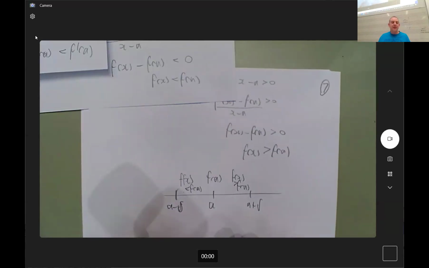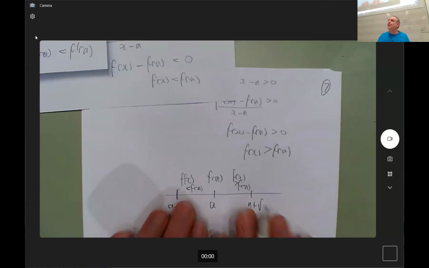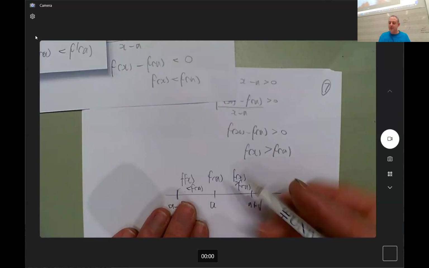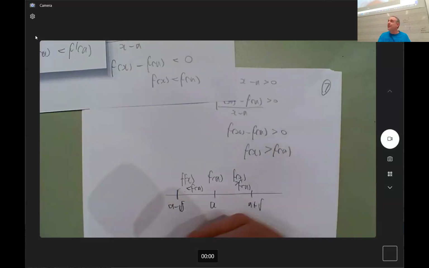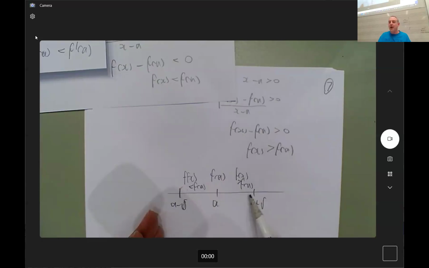This isn't the actual answer I had, but it's still something worth noting. It feels increasing, right? Because on one side the function value is higher, and on the other side the function value is lower. But I'm not sure it's actually increasing everywhere, because to be properly increasing in this interval, I need to pick anything in here and anything else in here and be able to do it.